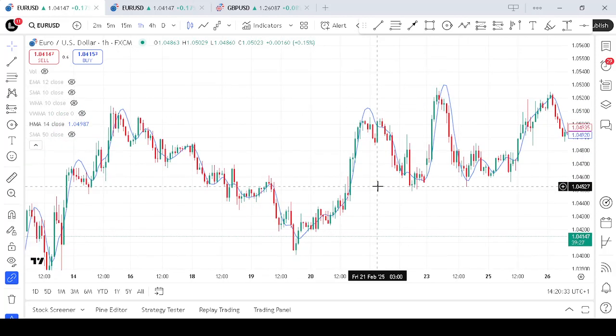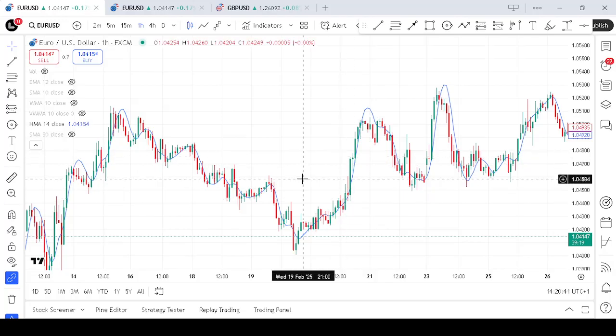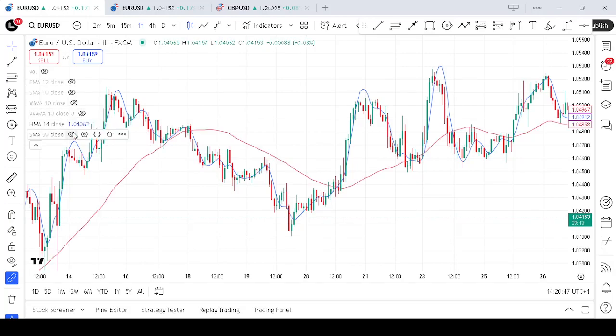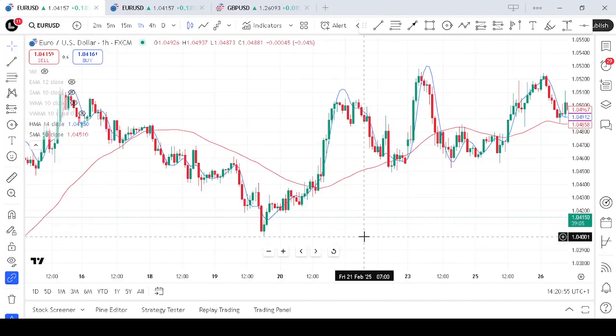You can incorporate the HMA into various trading strategies as well. A popular method is to look for a crossover between the HMA and other moving averages such as the simple moving average. This can help you to confirm your potential buy or sell signal.